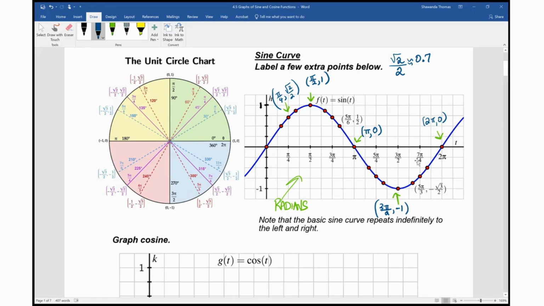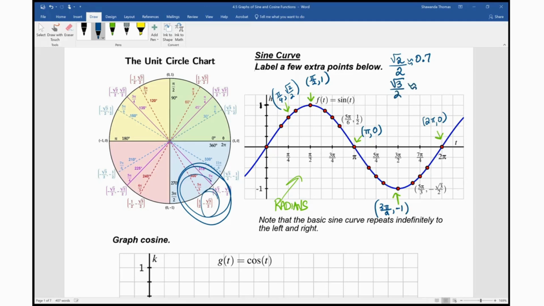But of course, we have some points that are not as pretty. For example, at the bottom here, 5 pi over 3, comma, negative square root of 3 over 2. All right, so 5 pi over 3 is right here on the unit circle. And of course, our sine of that is negative square root of 3 over 2. All right, tell me, what is positive square root of 3 over 2?